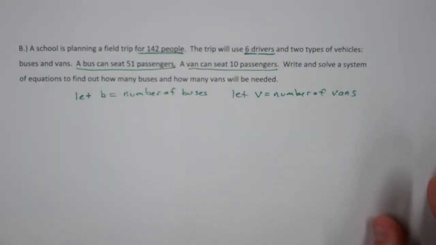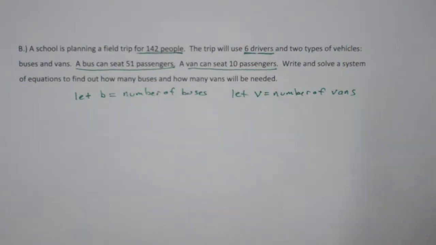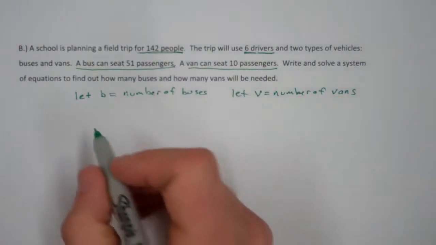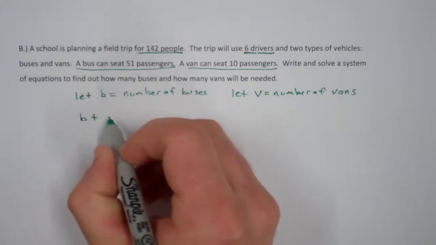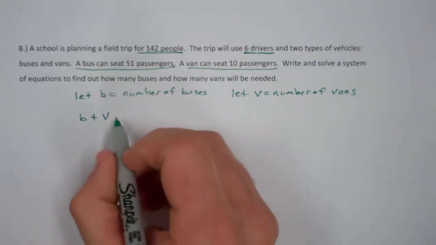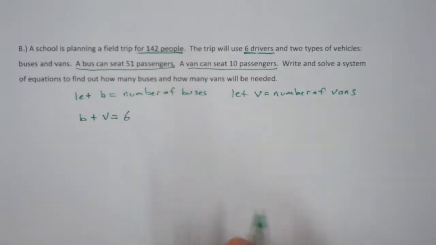Even though it doesn't say that explicitly, we can make that conclusion. So we know that B plus V, or the number of buses plus the number of vans, has to be 6. If it's 7, you don't have a driver. And if it's lower than 6, you've got 2 people driving the same vehicle, and that's just kind of weird.